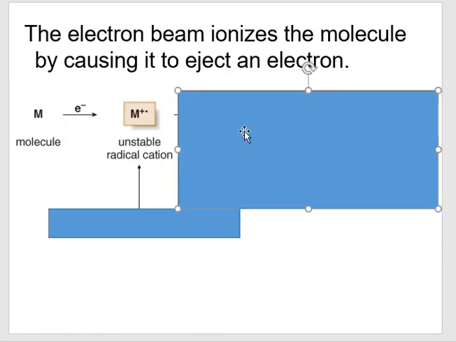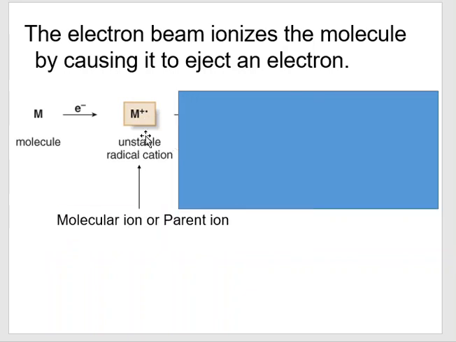Looking closer at what happens in that ionization chamber, the molecule is injected into the mass spectrometer. This is the high energy beam, and it will kick out an electron. When you remove an electron from a molecule, you're left with something that's positively charged, and there's going to be an unpaired electron as well. We call this the molecular ion or the parent ion, and it has the same molecular weight as our original molecule.